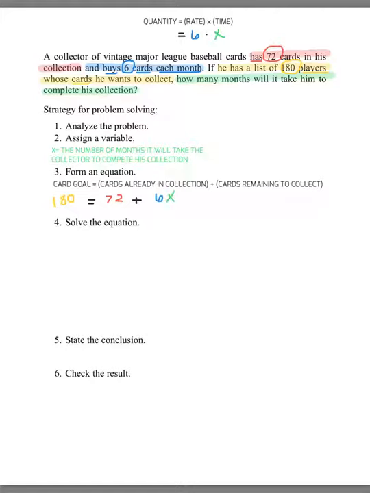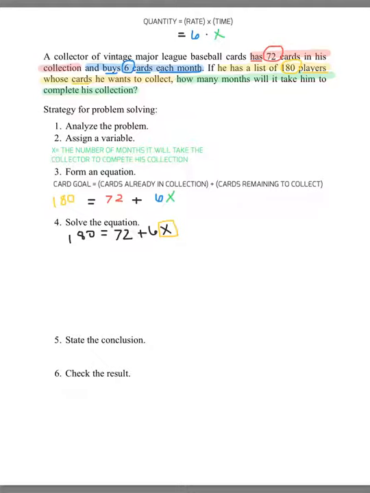So now let us go ahead and solve the equation. I'll start off by bringing it down first. Okay, good. So now what we want to do is we want to get the x variable completely by itself. Right now, we're multiplying it by 6, and then we're also adding 72 to it. So what we want to do is we always want to eliminate addition and subtraction first.